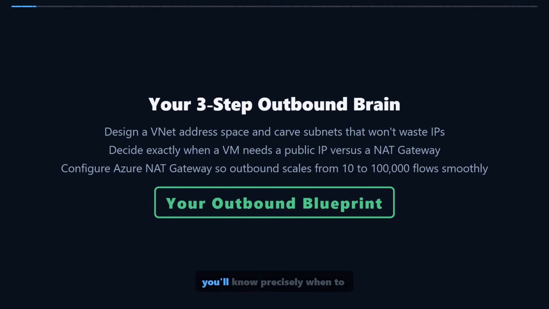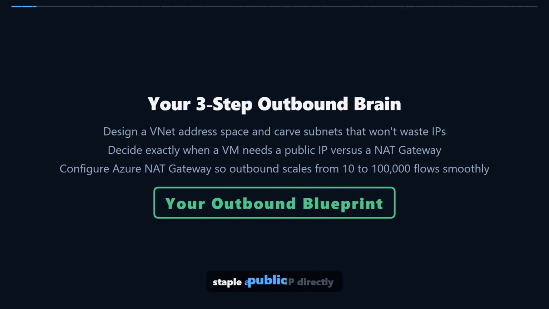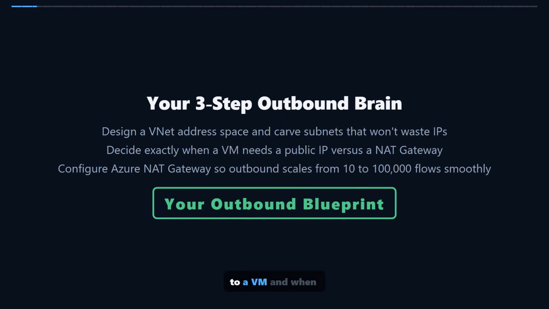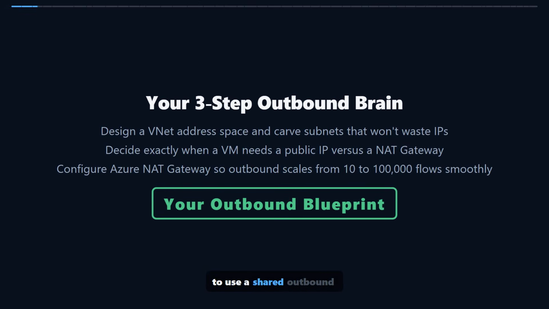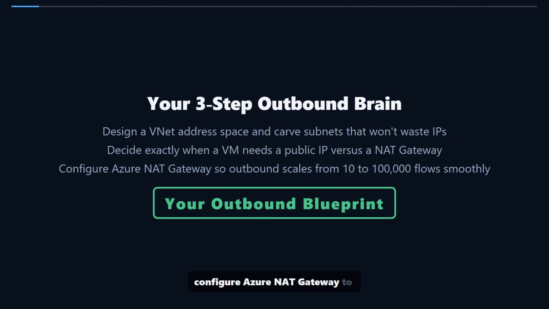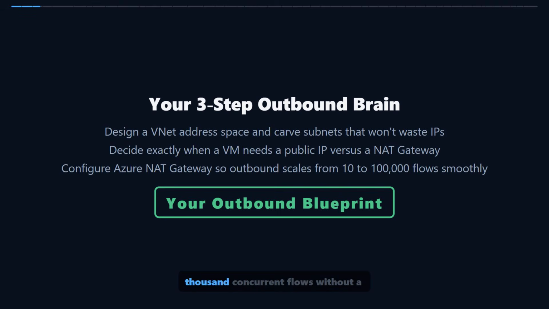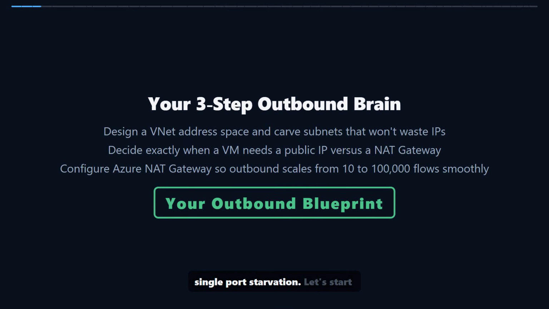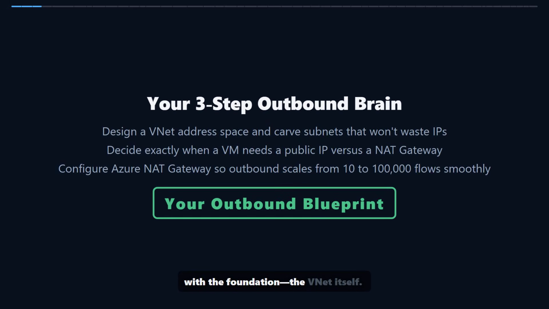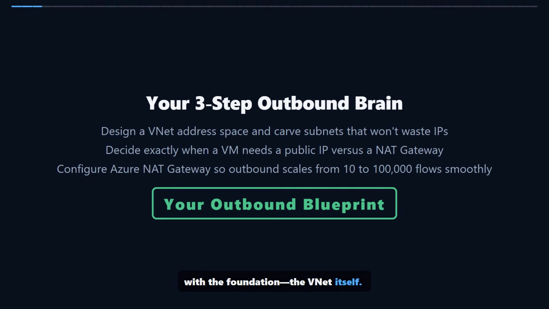Second, you'll know precisely when to staple a public IP directly to a VM and when to use a shared outbound solution instead. And third, you'll configure Azure NAT Gateway to handle anything from a handful of connections to 100,000 concurrent flows without a single port starvation. Let's start with the foundation, the VNet itself.